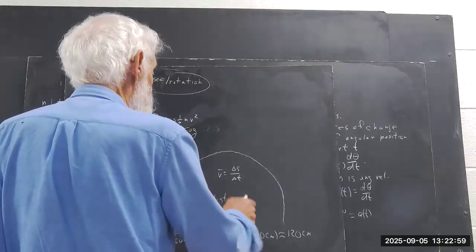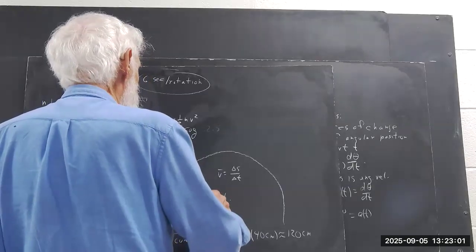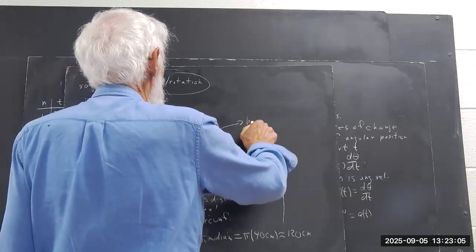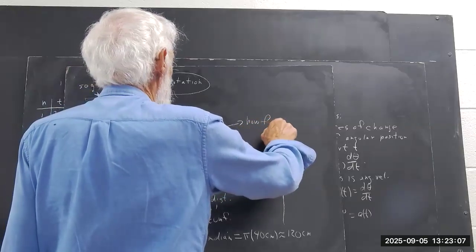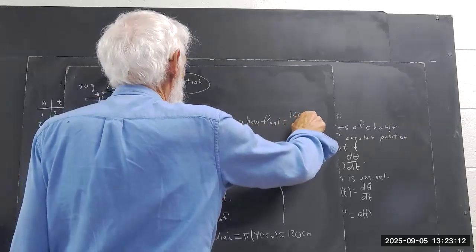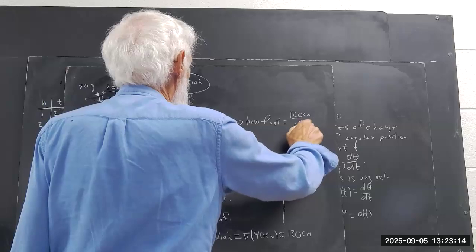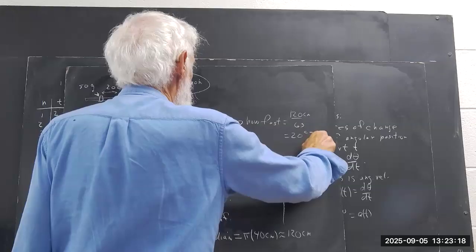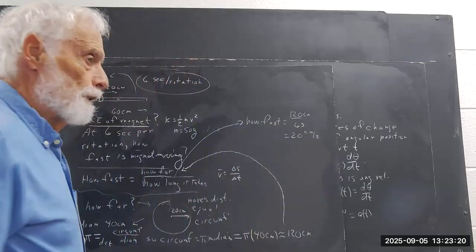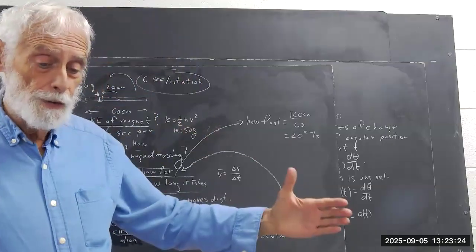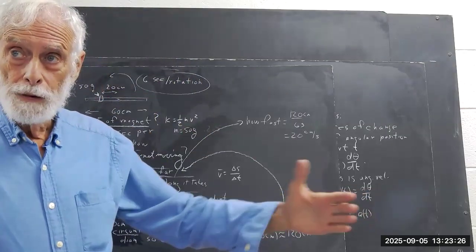And how long is 6 seconds? And then out of that, we get 20 centimeters per second. Also, 120 centimeters per second is this far, give or take a little.